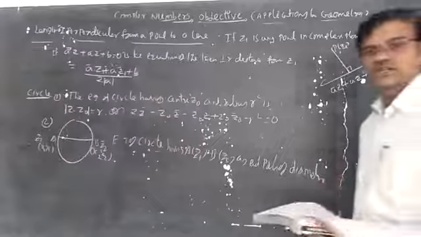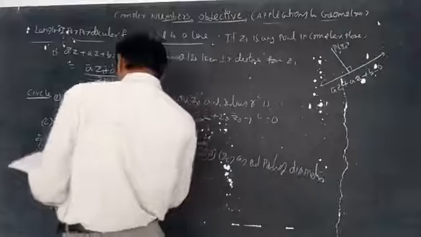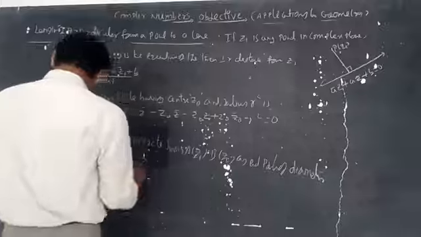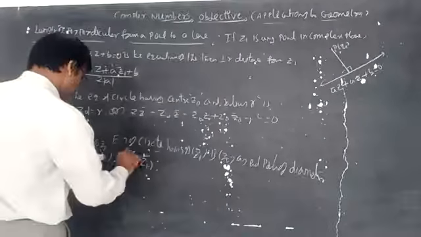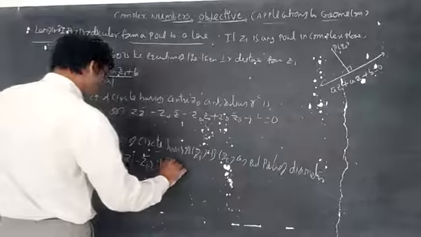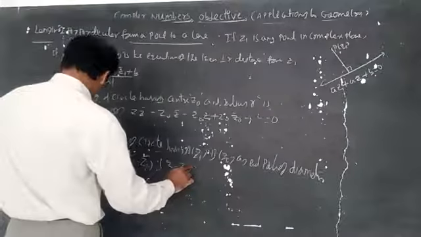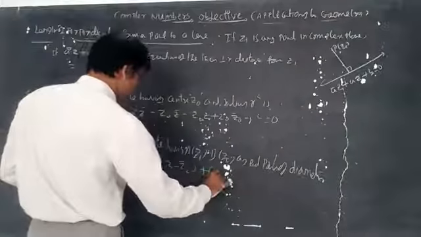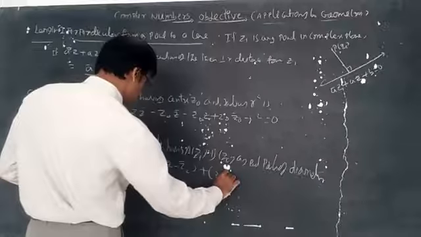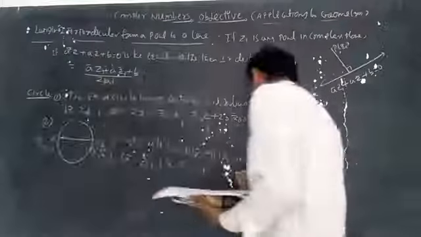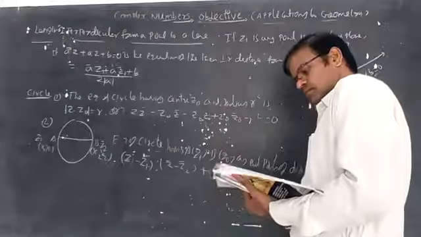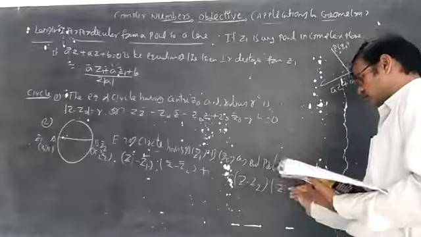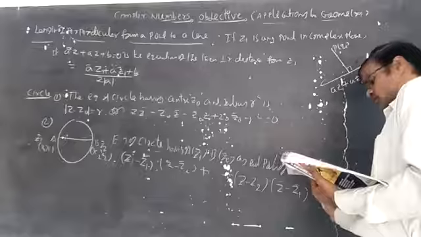is z minus z1 into z bar minus z2 bar plus z minus z2 into z bar minus z1 bar equal to 0.